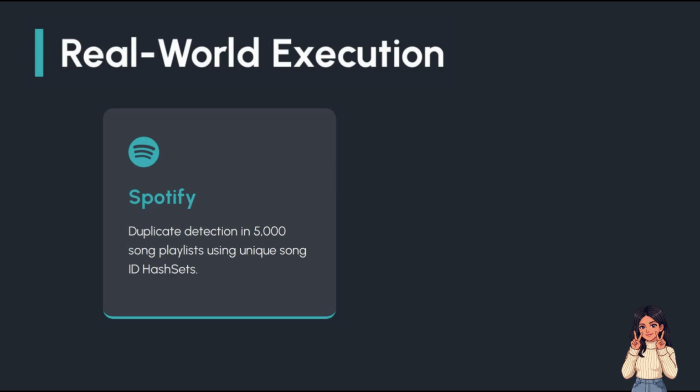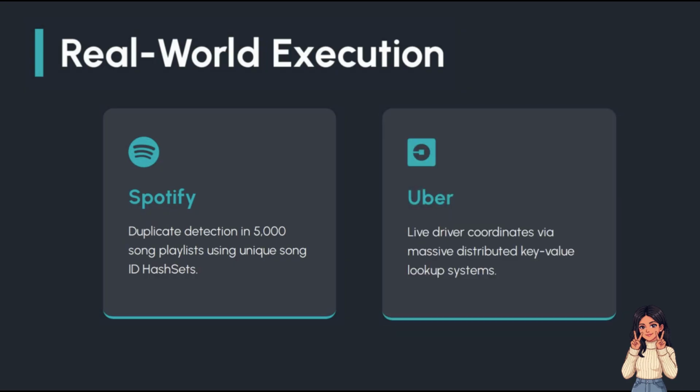That would make your phone processor do manual labor for absolutely no reason. Instead, it uses a hash set, a close relative of the map, containing unique song IDs. When you click add, it checks if that ID exists in the set. Boom. Instant check.